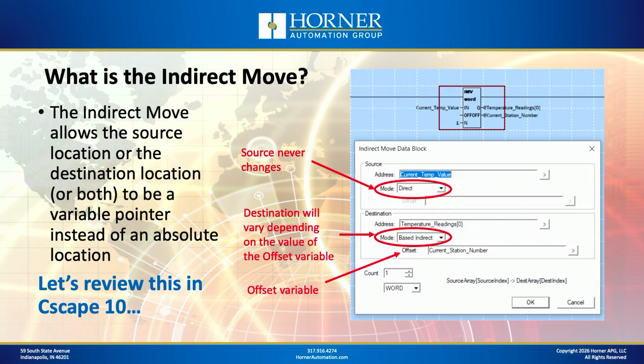It allows the source location that you're copying from to be a variable, so it's not always the same, or the destination where you're copying the data to can be a variable, in other words, not always the same, or both can be a variable, both the source of where the data is coming from and the destination of where the data is going to. Okay, so that's what makes the indirect move unique. Let's dive into Cscape and take a look.